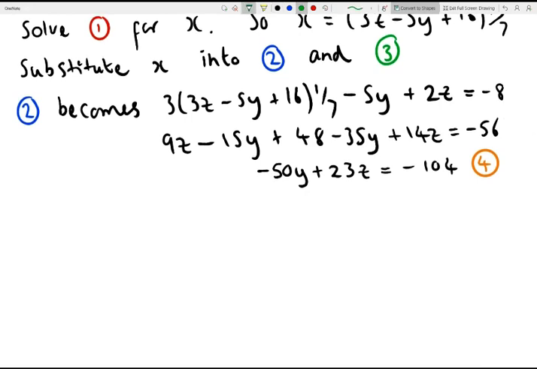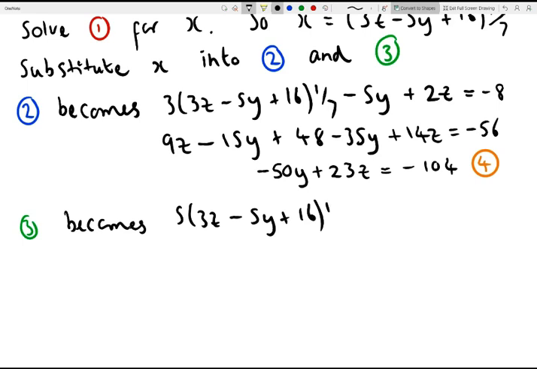Now we look at equation 3, becomes 5 times 3z minus 5y plus 16 all over 7 plus 3y minus 7z is equal to 0.